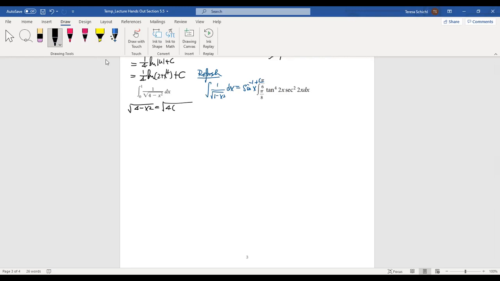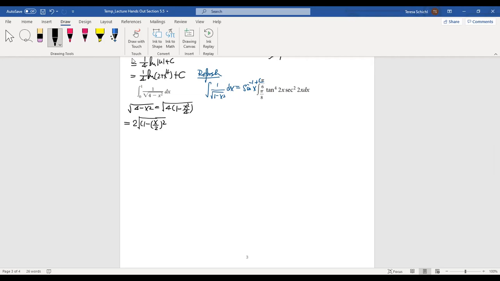If you factor the 4 out, this will be 1 minus x squared over 4, right? Then this 4 can come out, the square root will be 2. And here, this will be 1 minus x squared over 4, which I can simply write as x over 2 squared.